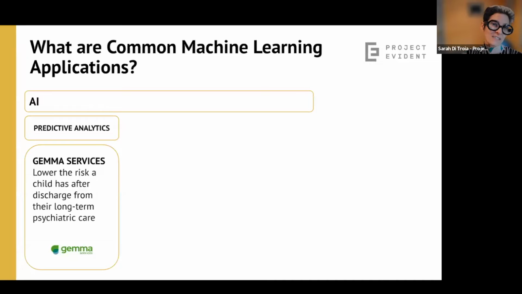The way we've seen some nonprofits using predictive analytics is to really move away from a one-size-fits-all program model to be able to narrow in on adapting their program model and customizing it to different subgroups within their client populations that they may not understand are actually subgroups. So Gemma Services, they are focused on working with young girls that need inpatient mental health support. They work with about 250 girls a year.